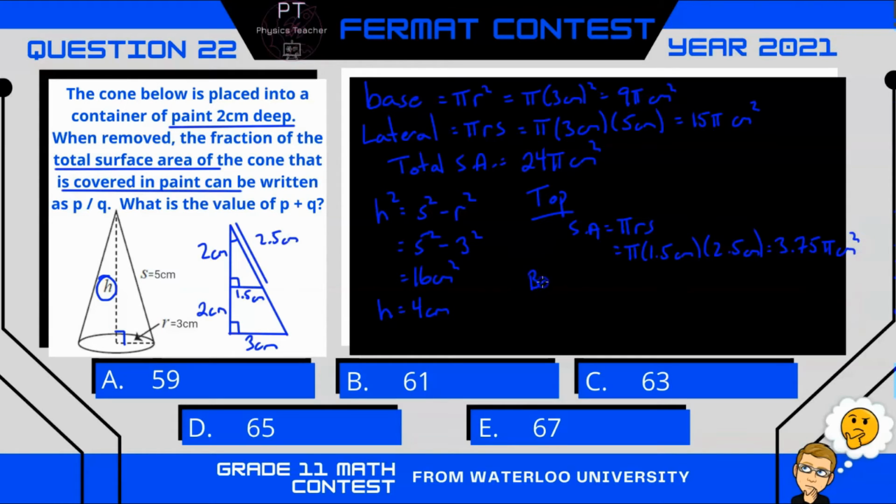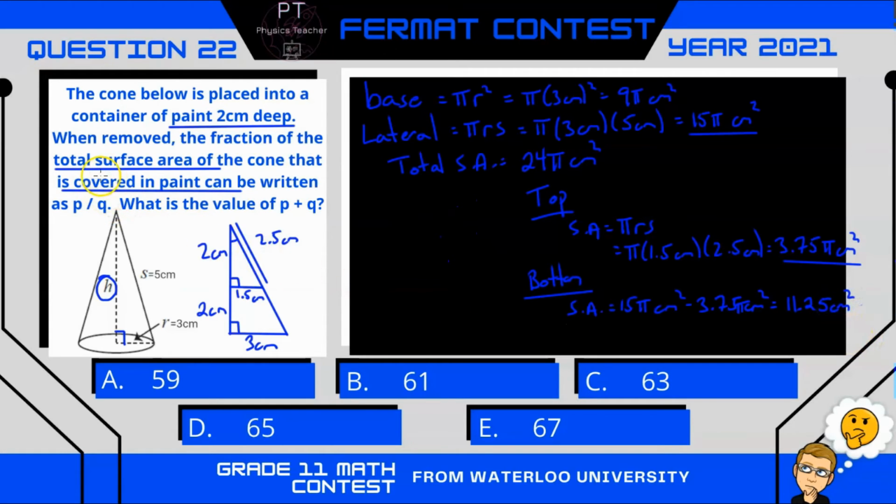Now for the bottom portion, we can figure it out by simply taking the total lateral surface area and subtracting what it is for the top. So that bottom portion surface area will be 15 pi square centimeters minus 3.75 pi square centimeters, and that gives us 11.25 pi square centimeters.